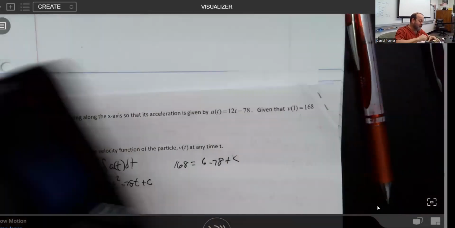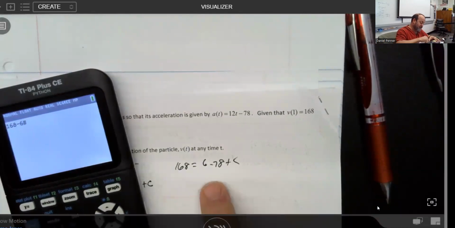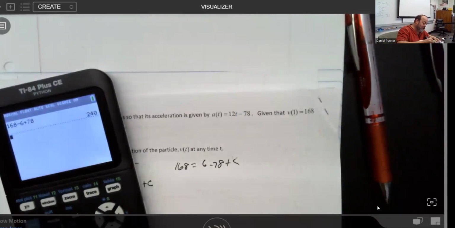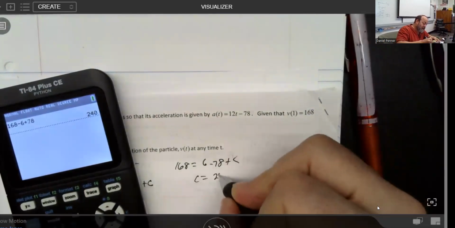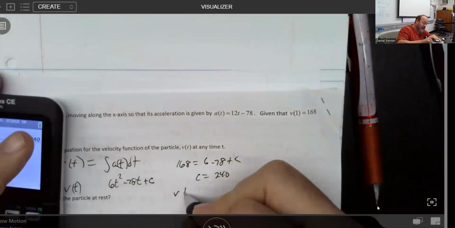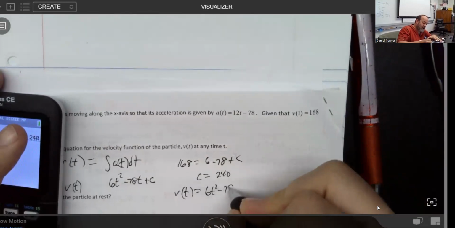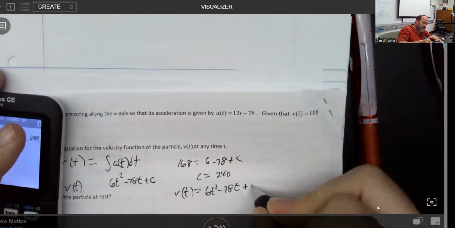I take my 168, subtract 6 from both sides, and add 78 to both sides, and it looks like c is 240. That's not a bad way to do it. So v of t at any time is 6t squared minus 78t plus 240.